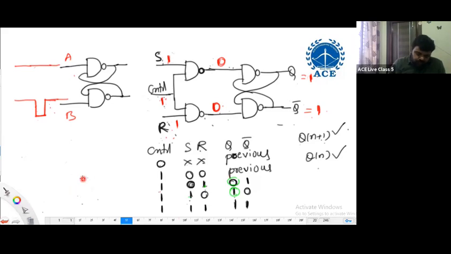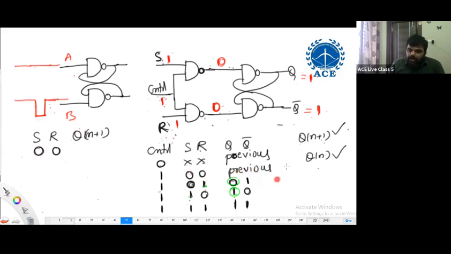Focus on this. Now, S, R, Q of n plus 1. SR is 0, 0. What are we observing?